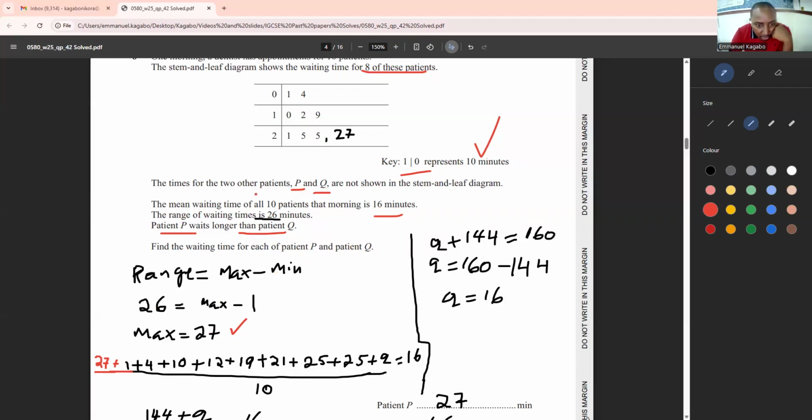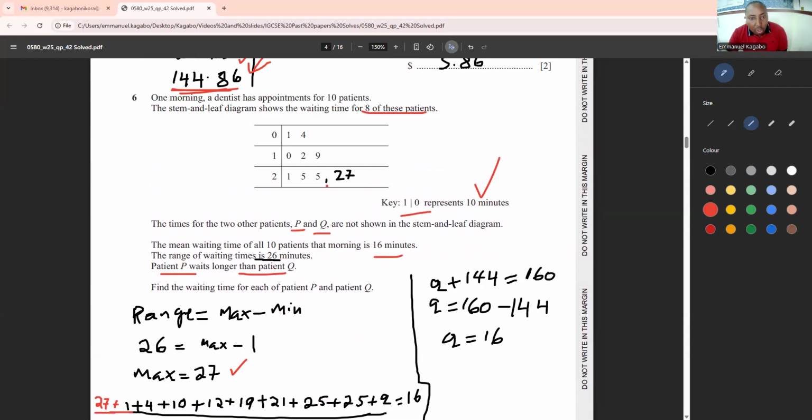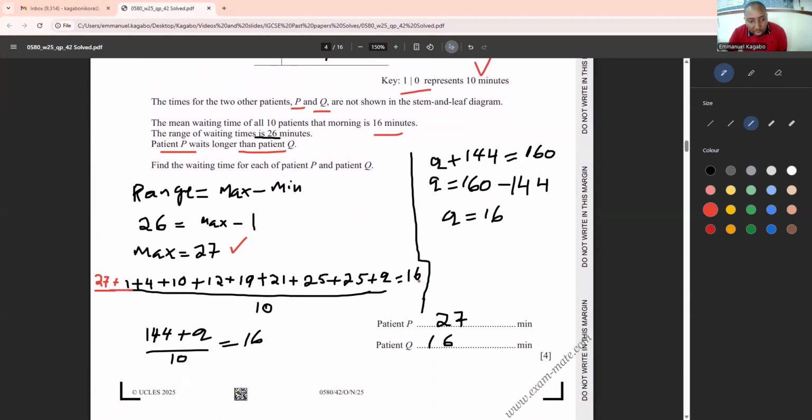Now, another piece of information given here is the mean. How do you calculate the mean of anything? For the mean, you add all the terms and divide by the number of terms. That's why here I put 27, which is this number, all of them. If you start from here, it will be 1 plus 4 plus 10 plus 12 plus 19 plus 21 plus 25 plus 25, then plus 27 plus Q, which we don't know. Divide by how many terms?